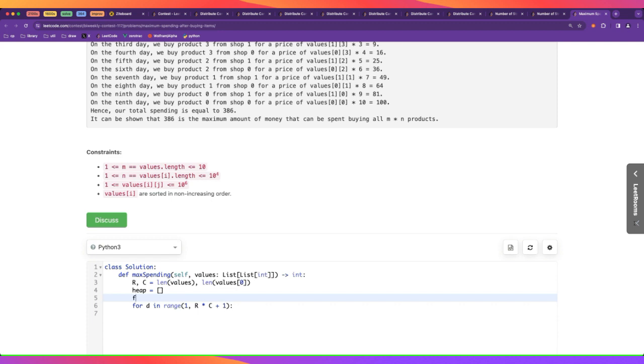And so initially, for every row, we're gonna add to the heap. So heapq, this is how you use a heap in Python. We are gonna add for every row the minimum element, which is at the end.